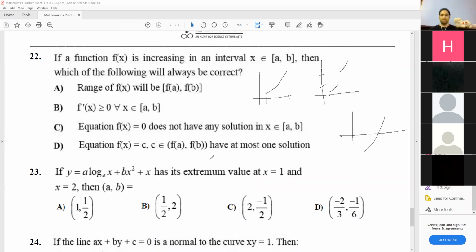D is true. D is a modification of IMVT. I hope all of you remember we had done this, that for a continuous function, for any value c lying between f(a) and f(b), f(x) equals c will have at least one solution.